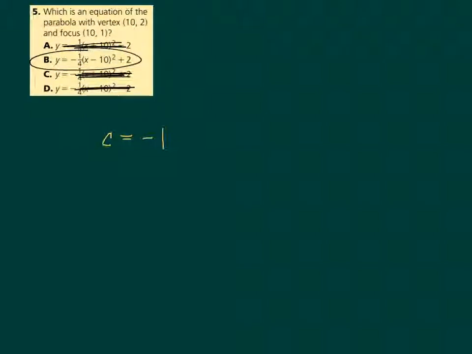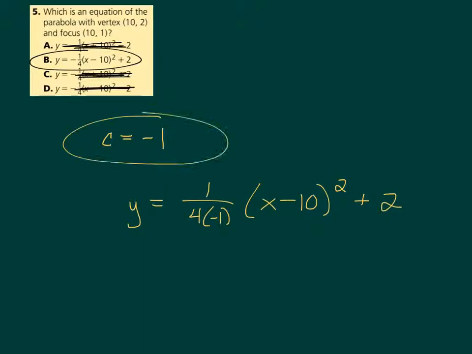So then our equation would be y equals 1 over 4 times negative 1 times x minus 10 squared plus 2, which is choice B. Is everybody clear why c is negative 1? From the vertex, 10, 2, you went down 1 to get to the focus. So that parabola is going to look like that. That's why it's a negative.